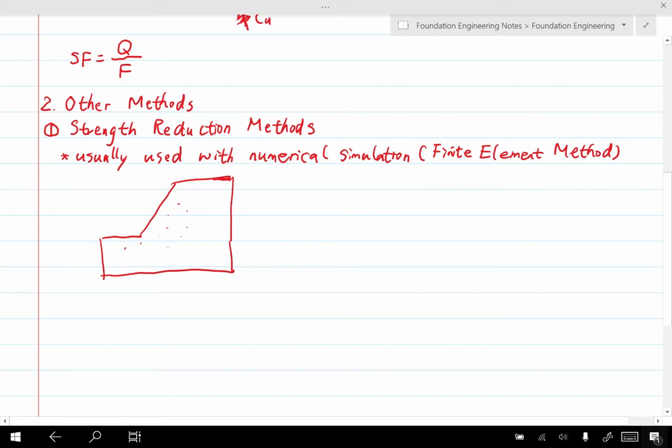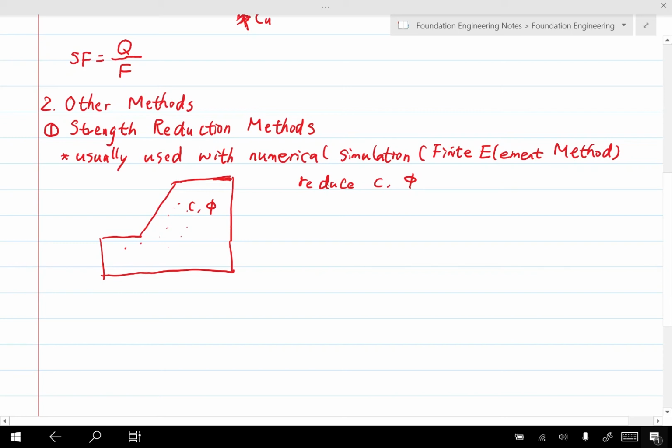The idea of the strength reduction method is that we first assume the soil properties, C and phi, and we use pretty high values of C and phi, and we will not observe any issues here. But if we reduce C and phi, so this is original, and then we keep reducing C and phi, we know the soil will become weaker and weaker.